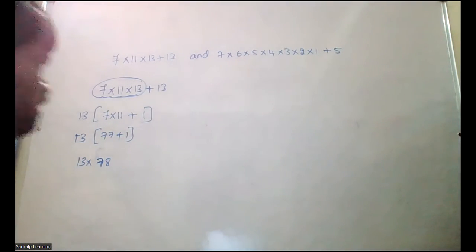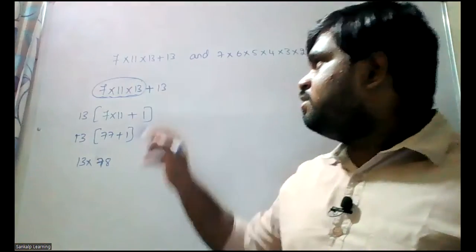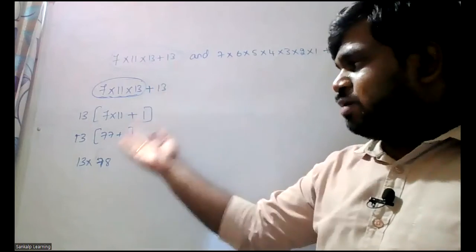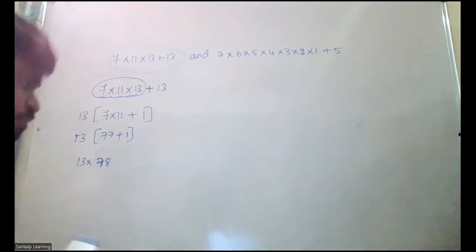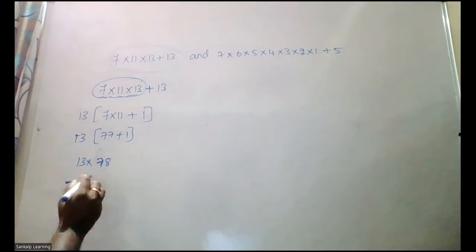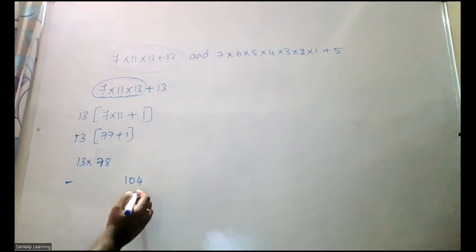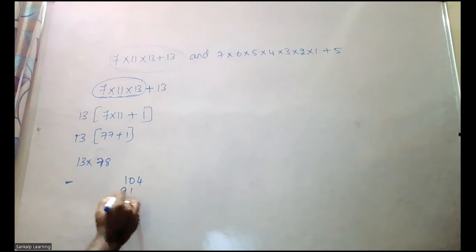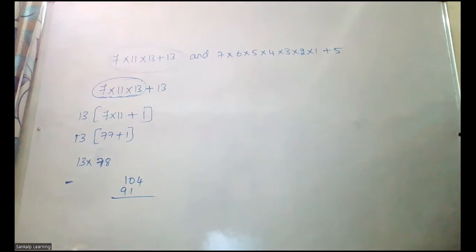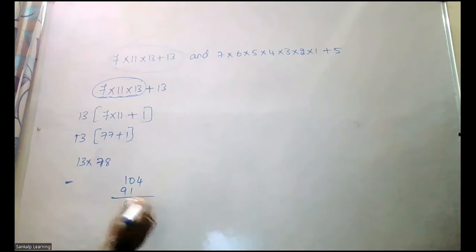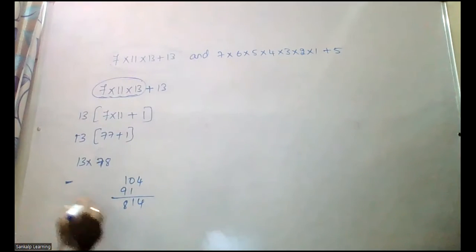Now very clearly observe this number. If you multiply it out, how much do you get? 104 and 91. If you simplify this, you get 814.